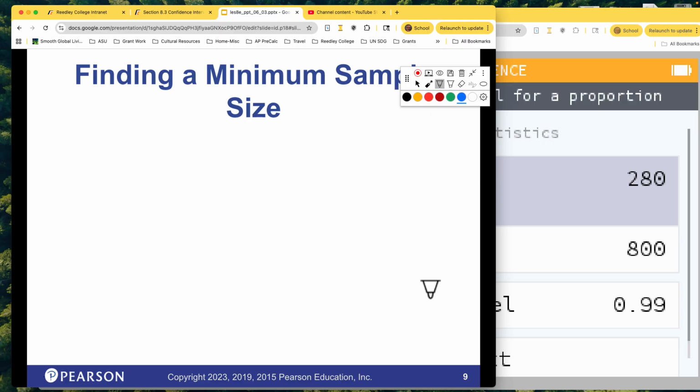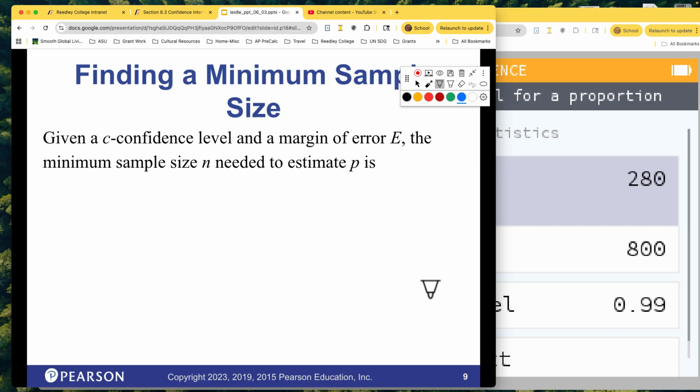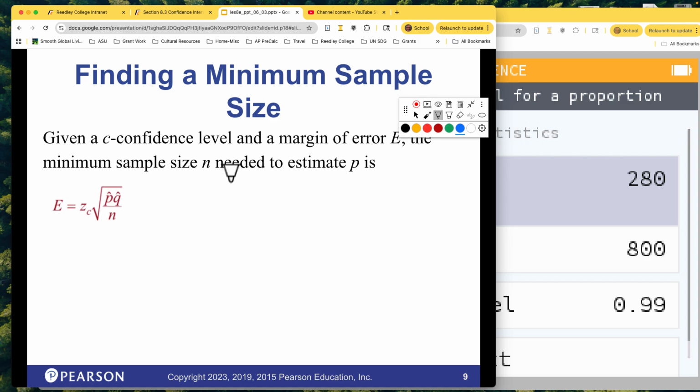But if you want to see how to determine a sample size, given a confidence level C and a margin of error, the minimum sample size n needed to estimate p. Okay, so this is the equation we start with, right? So you could plug in everything and then do algebra, but it'd be nice if somebody did the algebra for us, and they did.